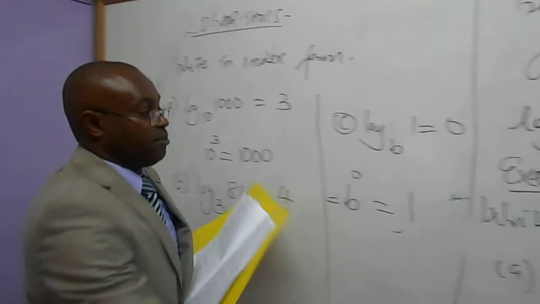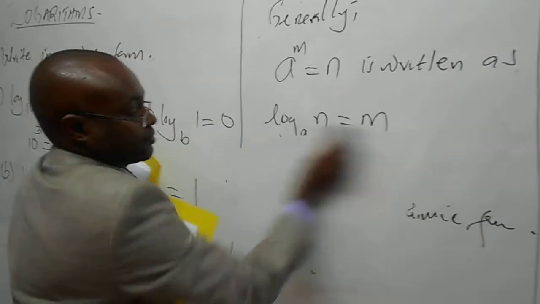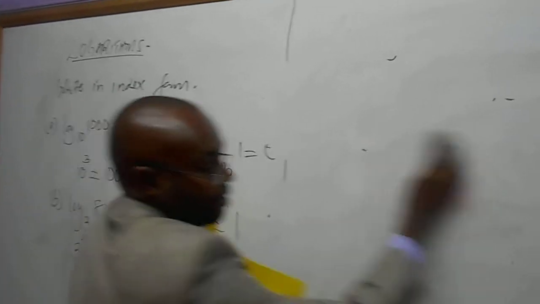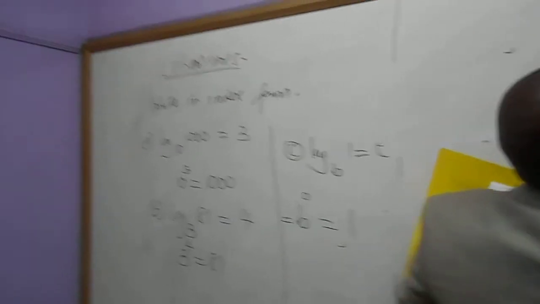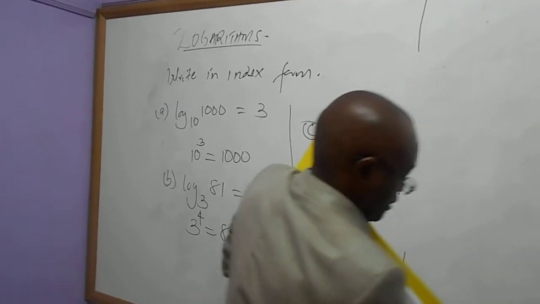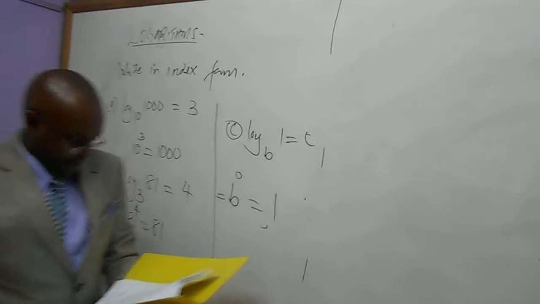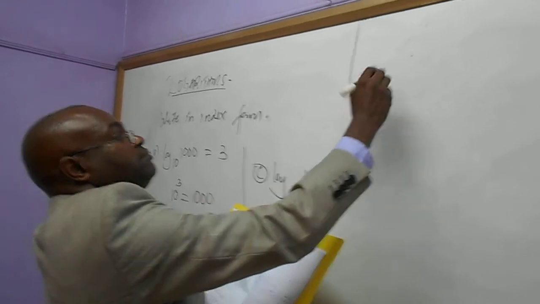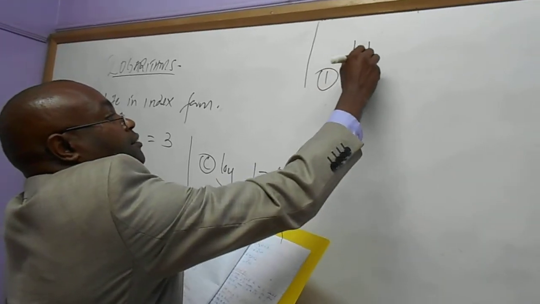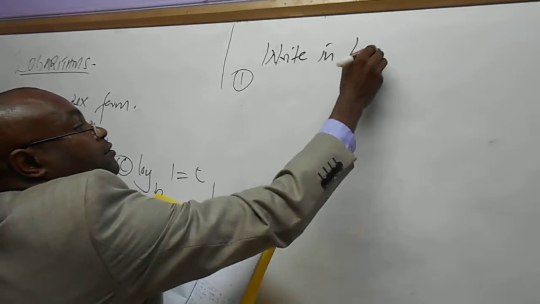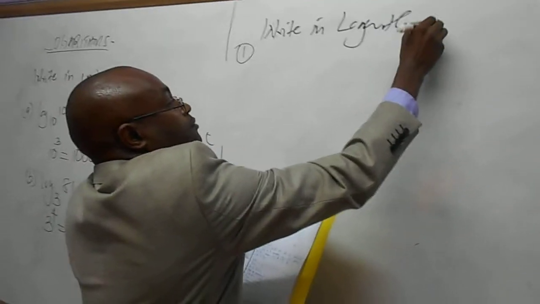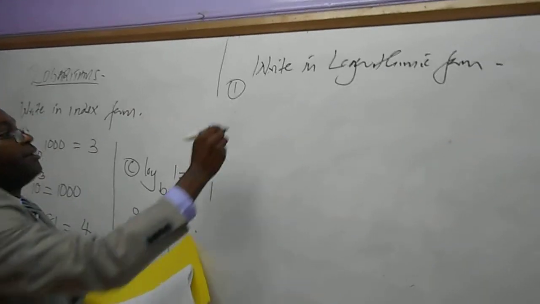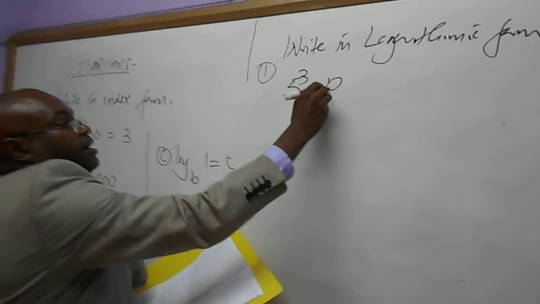We are going to look at a few more examples still on this. Write in logarithmic form, and we have 5 cubed equals 125.